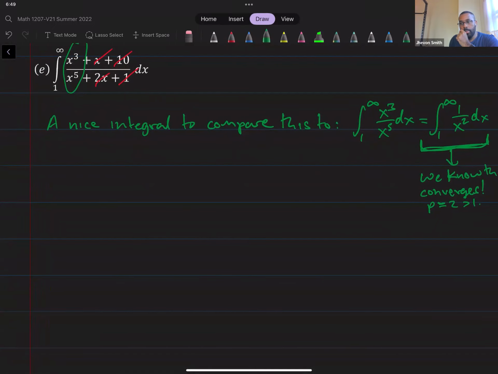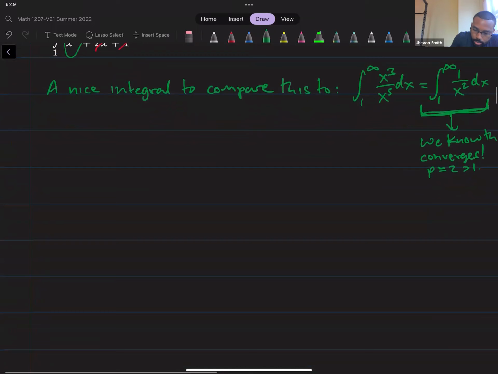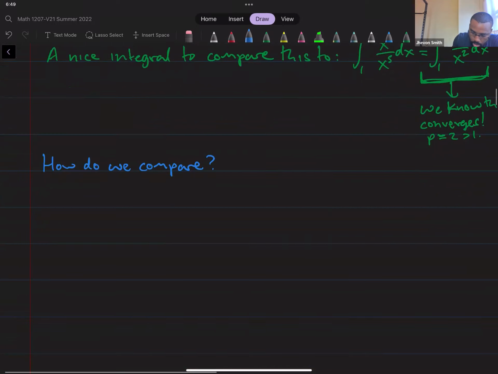Now, the idea is, how do we compare the original function? This is our x cubed plus x plus 10 over x to the fifth plus 2x plus 1.